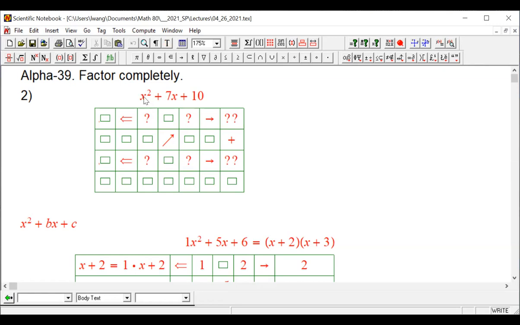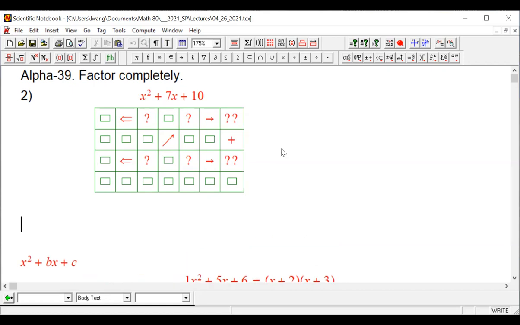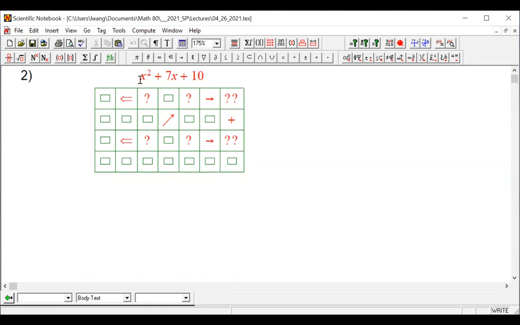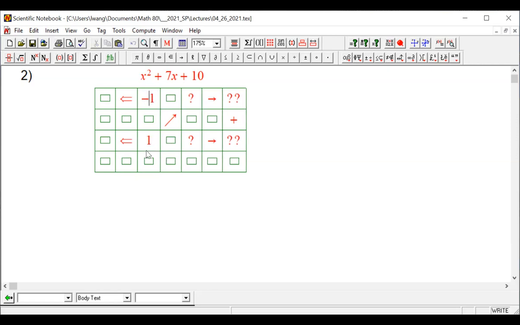So when we look at the x squared, the coefficient of x squared is 1. 1 times x, so we don't need to write that 1, but that 1 is a factor first. 1 is equal to 1 times 1, and of course is also equal to -1 times -1. So this is how we compose this column. This column is composed as the factors of the number 1.